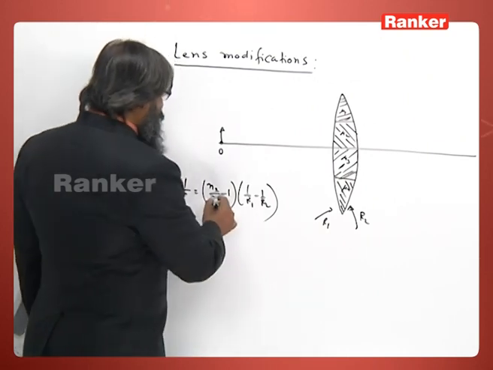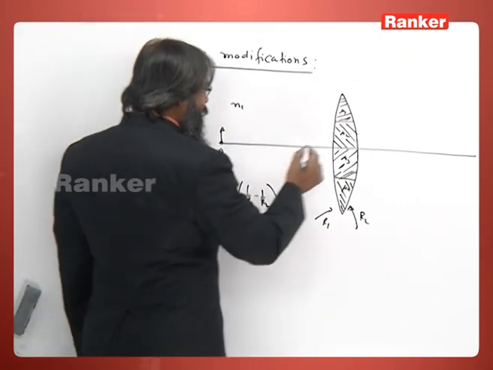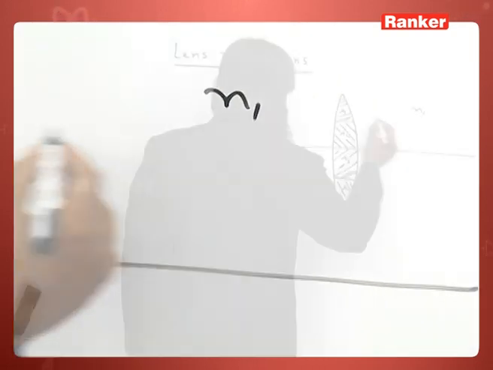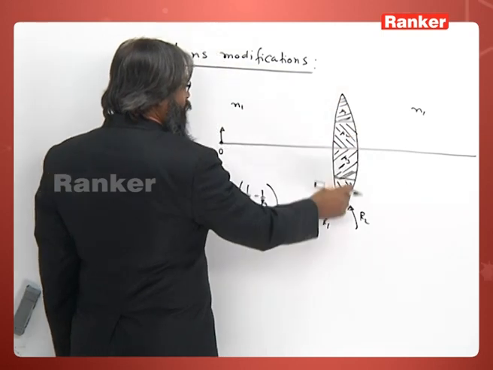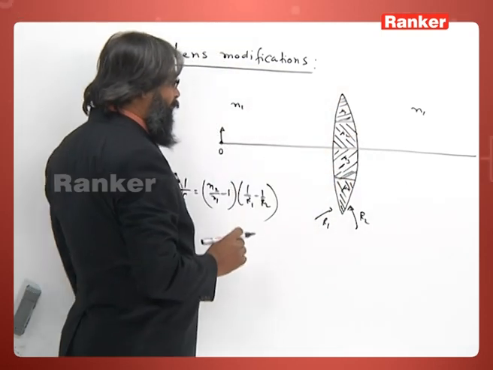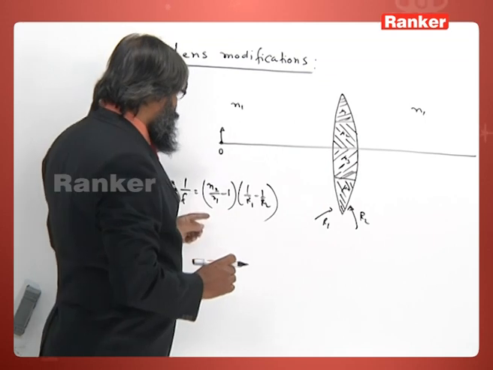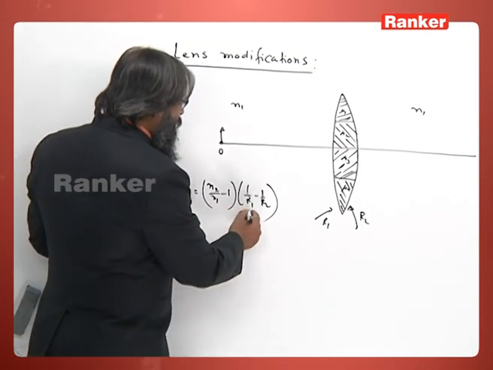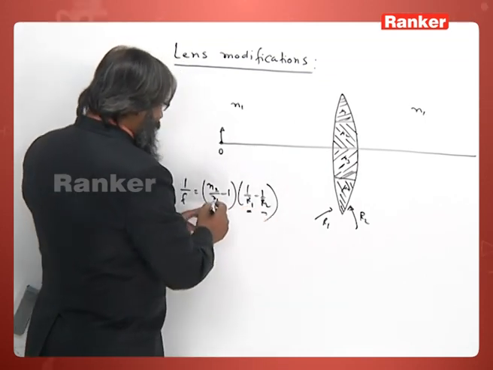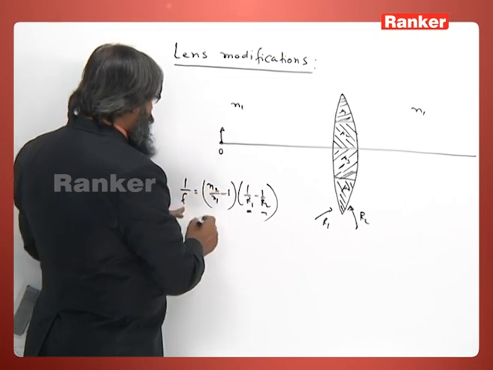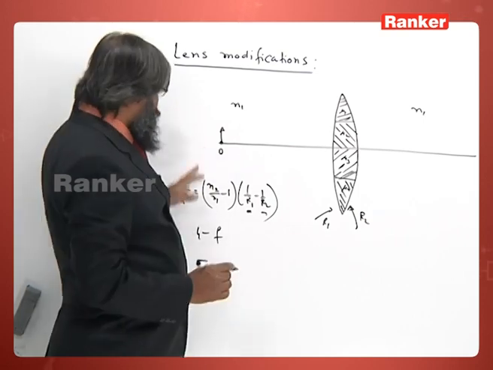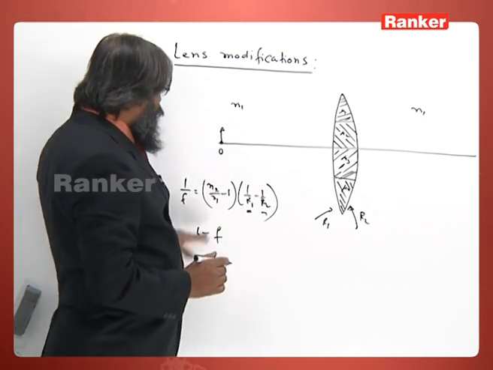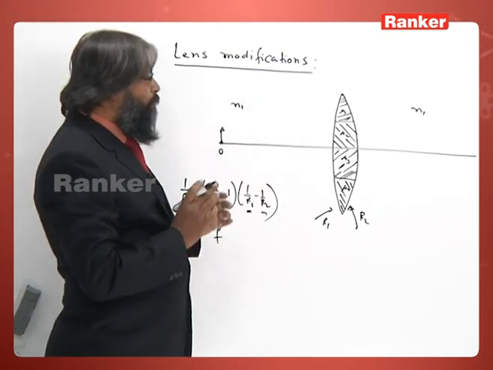So, here N1 is the refractive index of the surrounding medium, and here also N1, but N2 is the refractive index of this refracting medium. Now, there are 4 types of medium, but all have the same R1 and R2, and N1 is the same. So, we have 4 types of focal lengths.